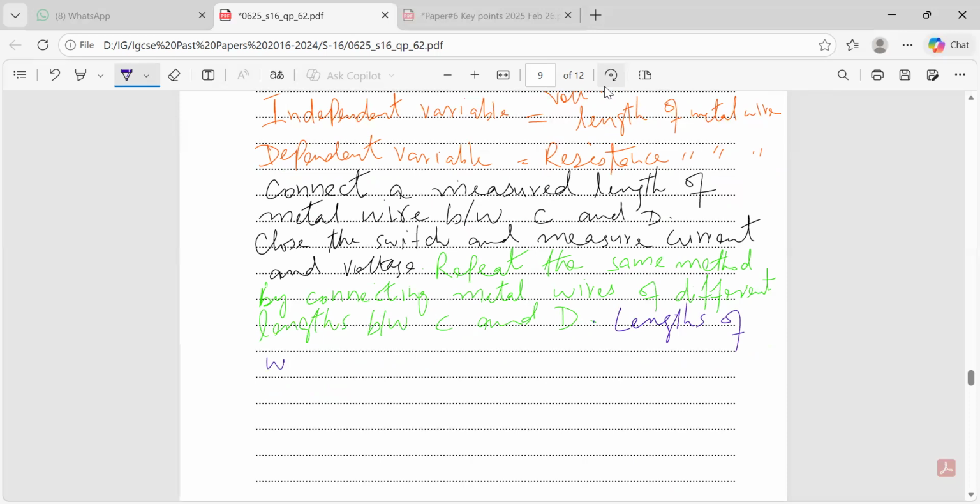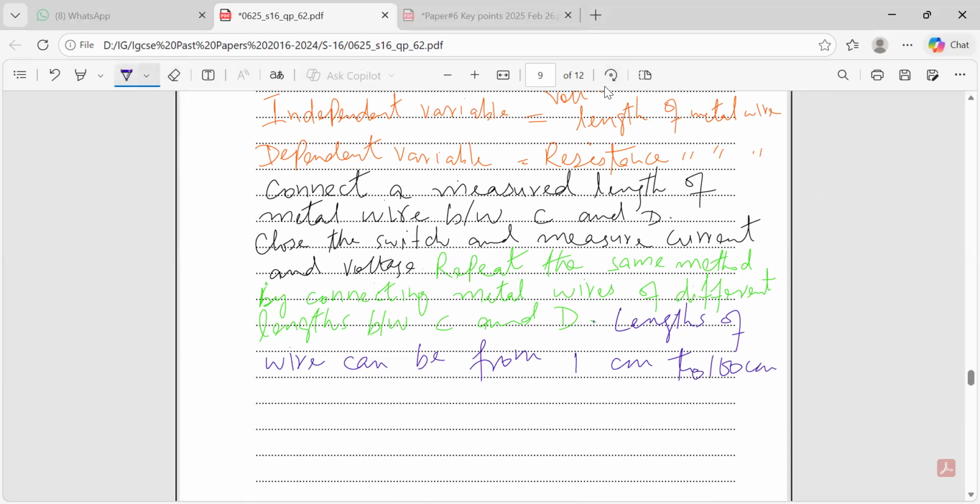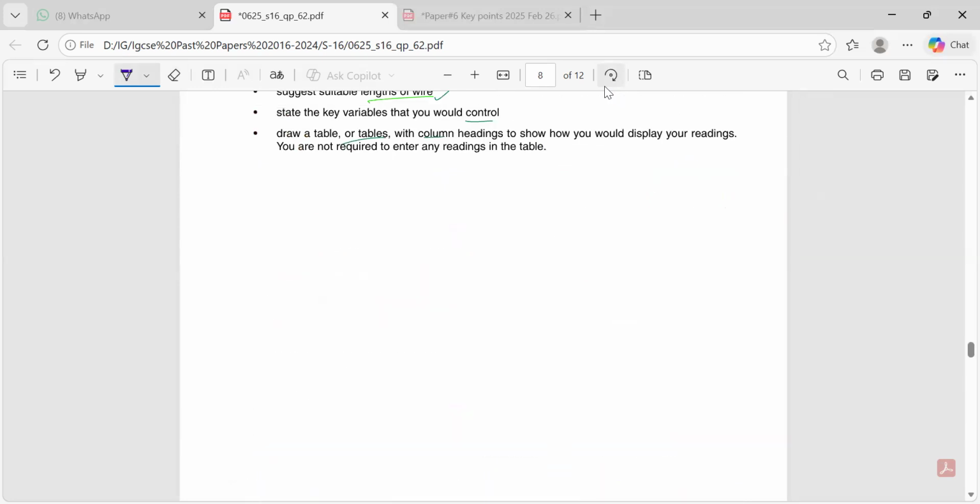Lengths of wire can be from 10 centimeters to 100 centimeters. Five values, you can calculate in this way. Suitable lengths. Okay.